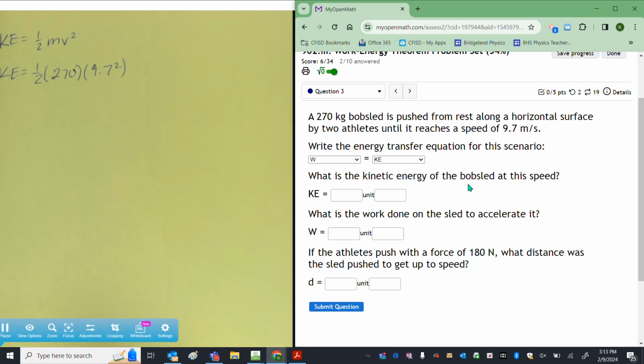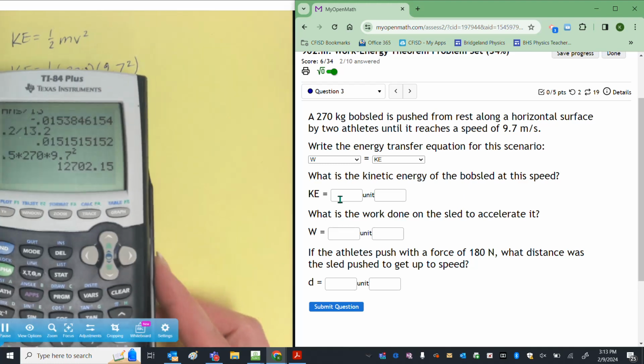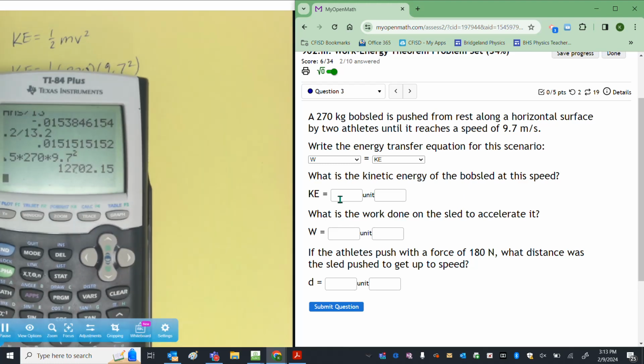And so that's what it looks like when we actually go to plug in. And then we're going to type this into our calculator. So 1/2 of 270 times 9.7 squared is going to give us a kinetic energy of 12,702.15.